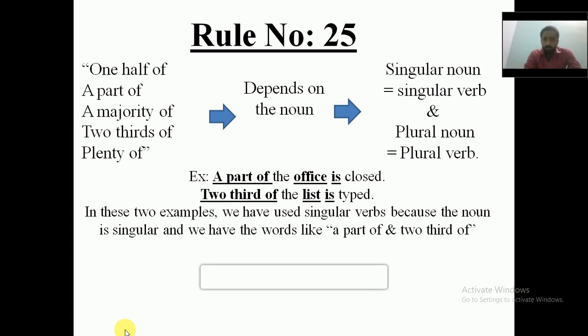Second example: 2/3 of the list is typed. The sentence begins with 2/3 of, so the verb depends on the noun, and the noun used in the sentence is singular, that is list. So we have used the singular verb.